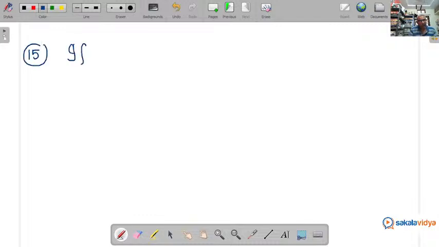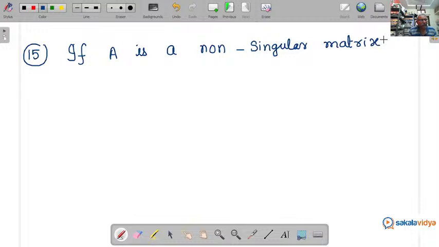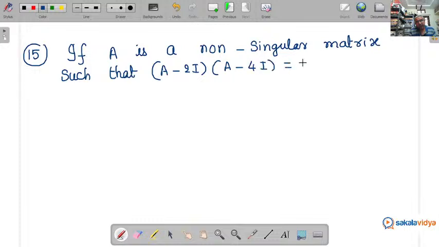If A is a non-singular matrix, non-singular matrix means whose determinant is not 0, such that (A minus 2I)(A minus 4I) equals O, this is O, null matrix.